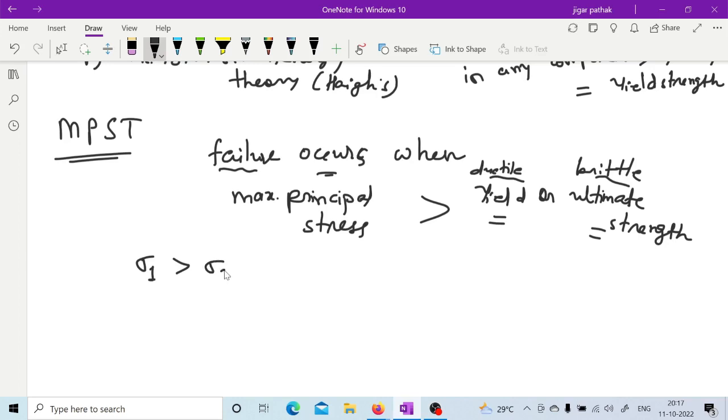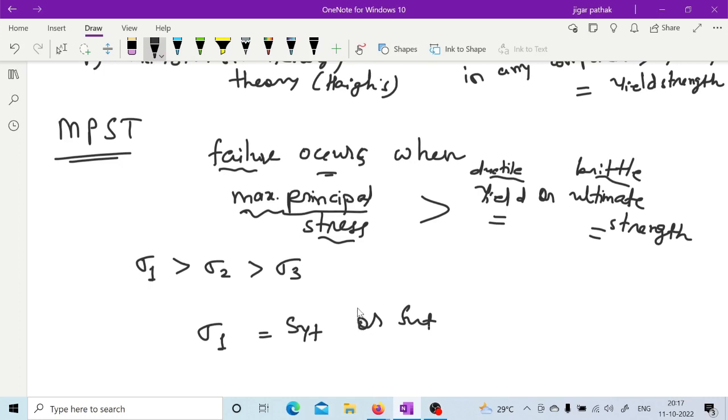Now, if we have three different normal stresses acting, that is principal stresses, let us say sigma 1 is greater than sigma 2 greater than sigma 3. What we are interested in is the maximum principal stress among these. If it is greater than or equal to the yield strength or ultimate strength, then failure is going to occur.